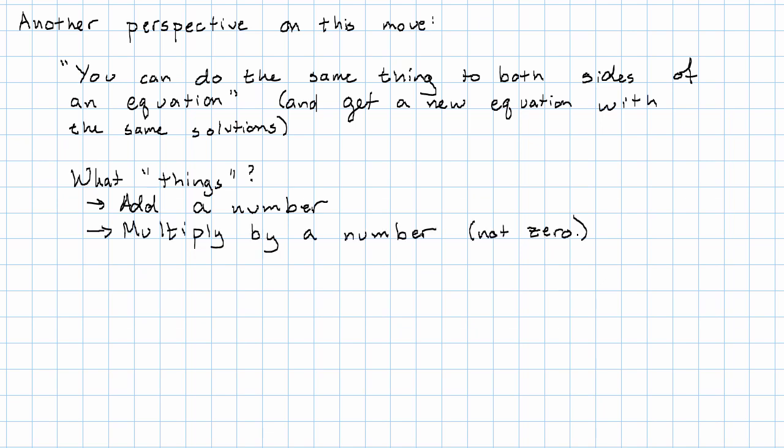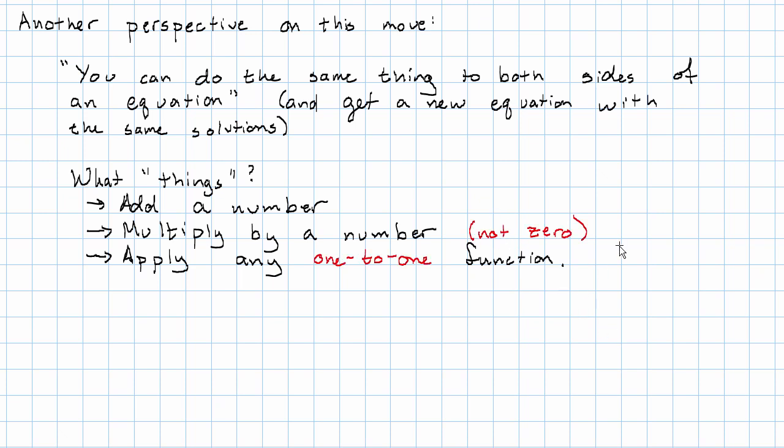We can also multiply by a number that is not 0. But in fact, we can add a third thing to that repertoire. We can in fact apply any one-to-one function to both sides of the equation, provided, of course, that the expressions on either side are actually representing numbers in the domain.